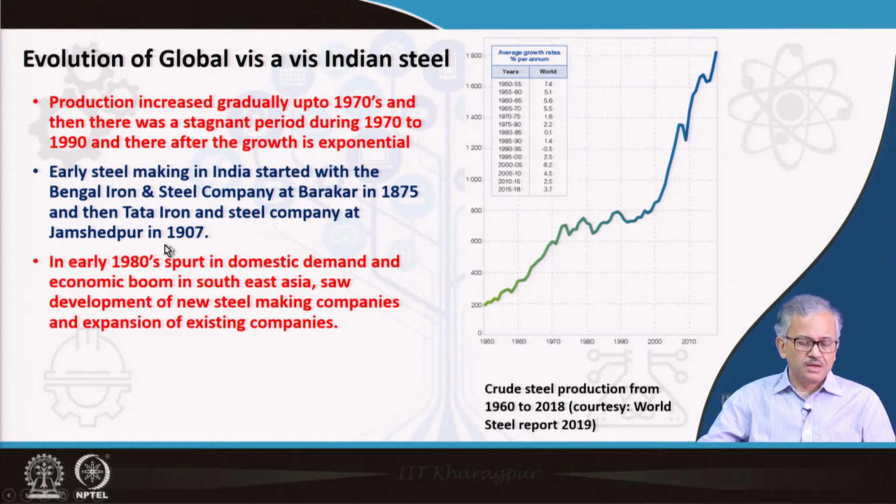In the 1980s there was expansion, the brownfield projects of the Steel Authority of India. These units were expanded, and some new units also came during that period, like Vizag Steel, called the Rashtriya Ispat Nigam Limited, besides the Salem Steel Plant and the Bhadravati Steel, some special steel plants also appeared.